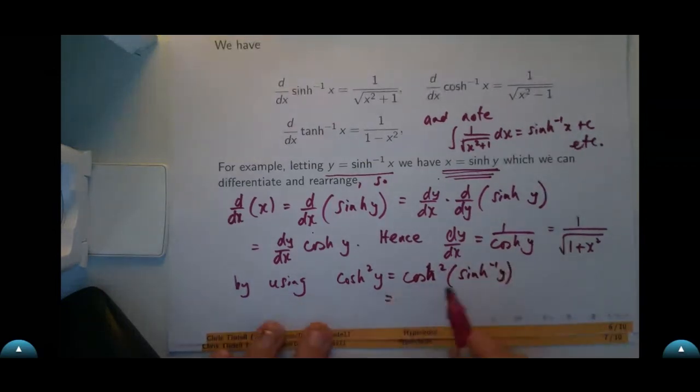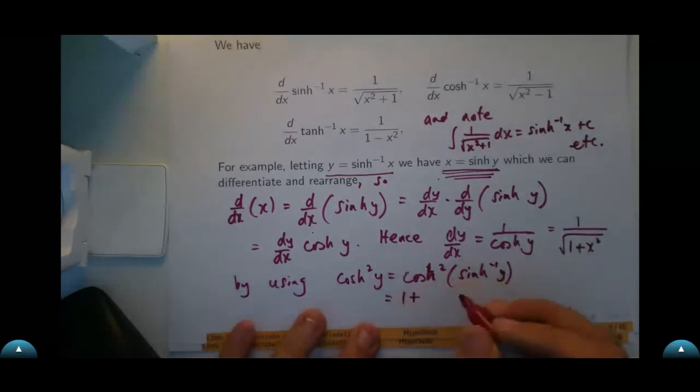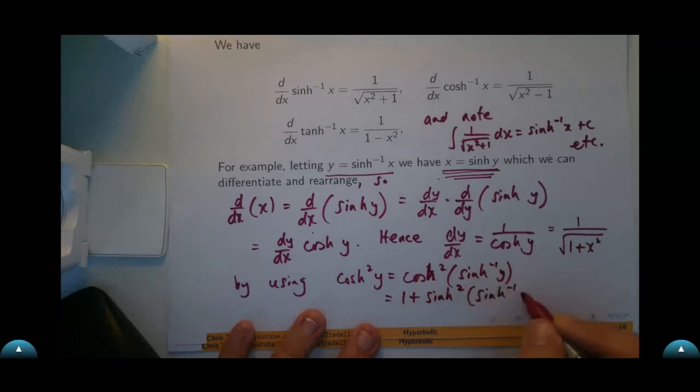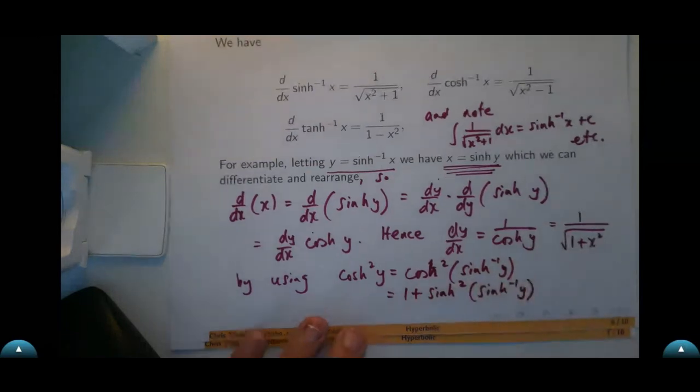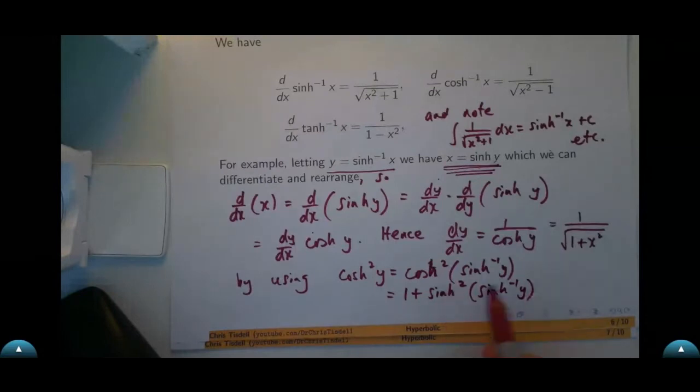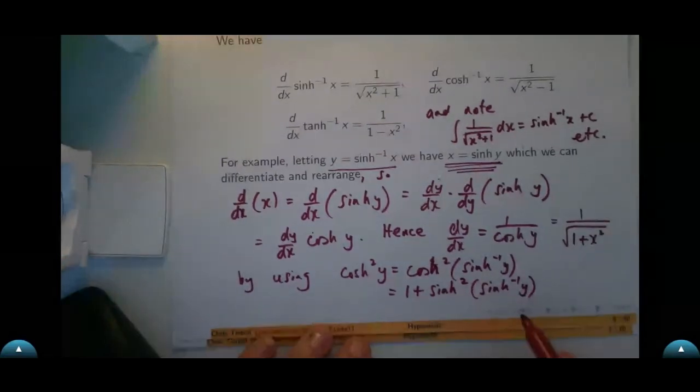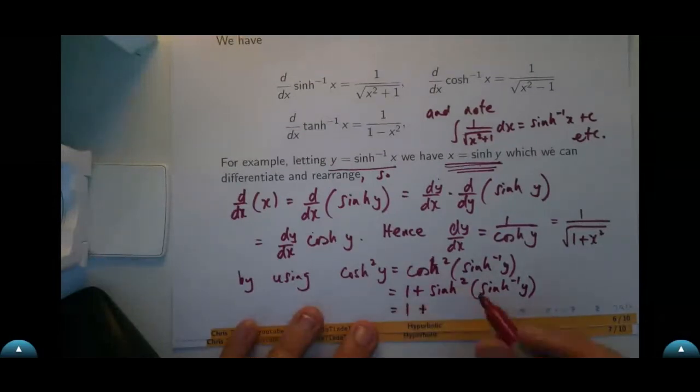Okay. So use cosh squared minus sinh squared equals 1 for that one. Okay, so you can simplify this. You'll get 1 plus.